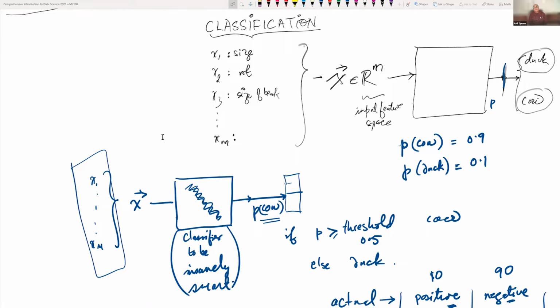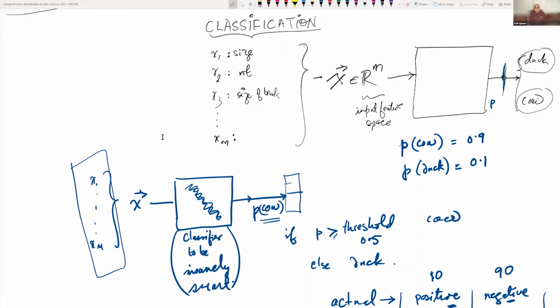Given certain attributes of the data, you say, well, this must be a cow or this must be a duck. And if it is small, feathery, and so forth, webbed feet, these are all features. Given the features, a successful classifier should be able to say, well, this must be a duck.